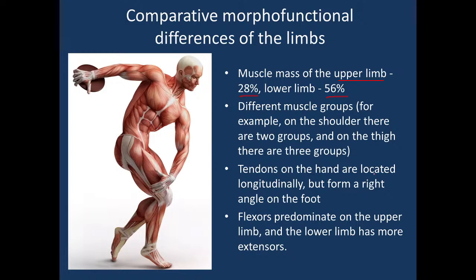Different muscle groups are typical for the upper limb, especially in the forearm. If we compare the shoulder with the thigh, we will find three groups of muscles in the thigh, but only two groups of muscles in the shoulder.